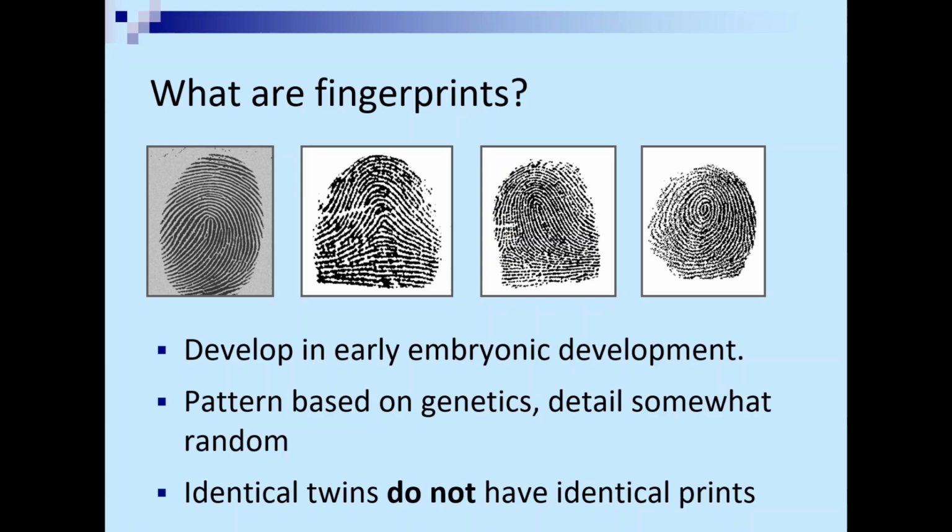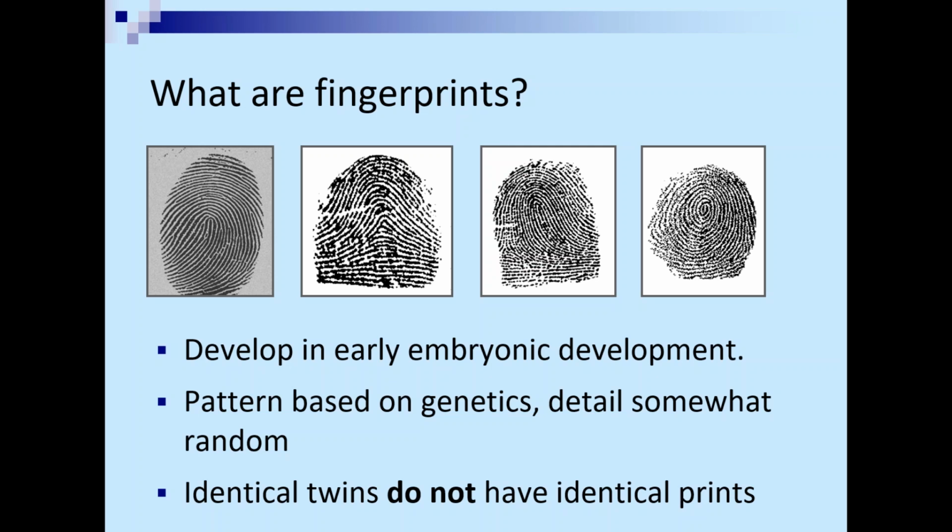And why are they different among individuals? Fingerprints develop early in embryonic development, as it says there. So when you're an embryo in the womb, your human hands look almost like frogs, where you have these big pads on the tip of your fingers, and as your hands grow, those pads shrivel up. So fingerprints are formed with the shriveling of those finger pads, and it's similar to crumpling a piece of paper.